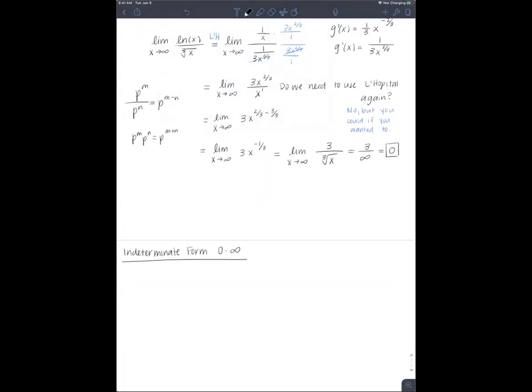And so the very first thing is if the limit as x approaches c of f of x times g of x is equal to 0 times infinity, what you're going to do is you're going to rewrite f of x times g of x in one of the following ways.